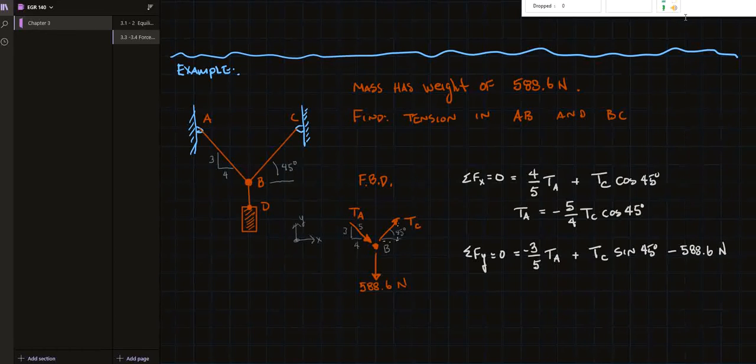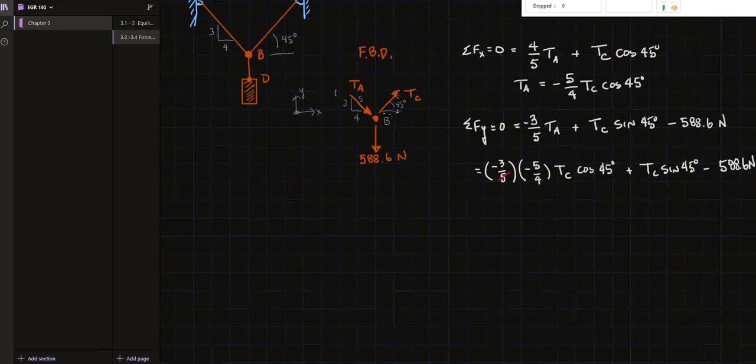Now I'm going to take TA and plug it into this equation so I can get an equation in terms of only one variable, TC. So this equals -3/5 times TA, that's this, times minus 5/4 TC cosine of 45 degrees, plus TC sine of 45 degrees, minus 588.6 newtons.